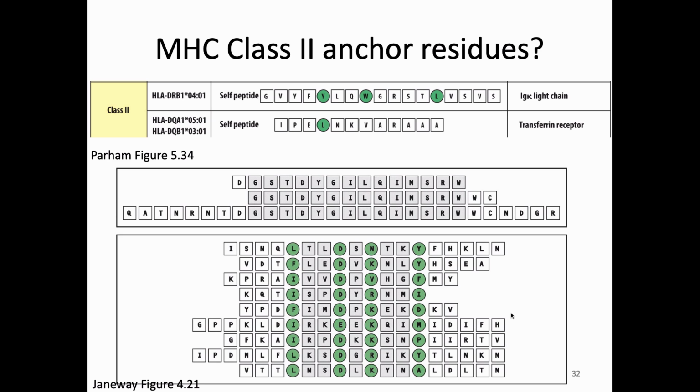Here you can see that all of the peptides that bind to this Class II either have an L or an F or an I at position 4 or 7 or 5, and then also a K or an R or a V or an N at whatever number. So we really don't think about anchor residues in the same way for Class II that we do for Class I, all based on that binding.